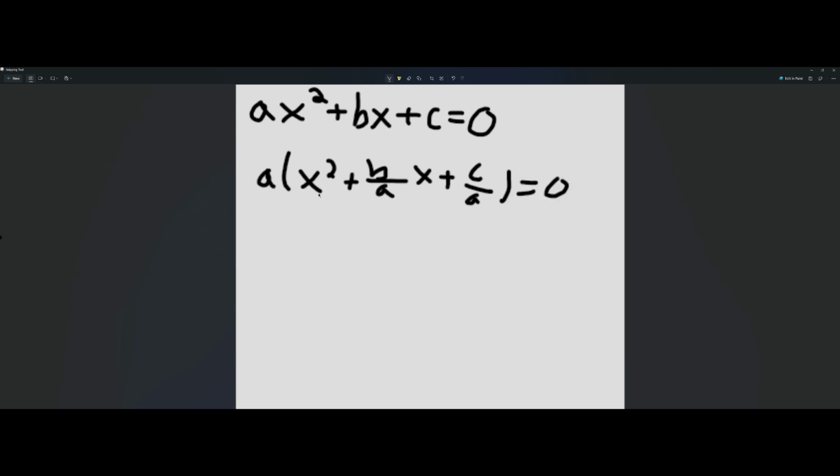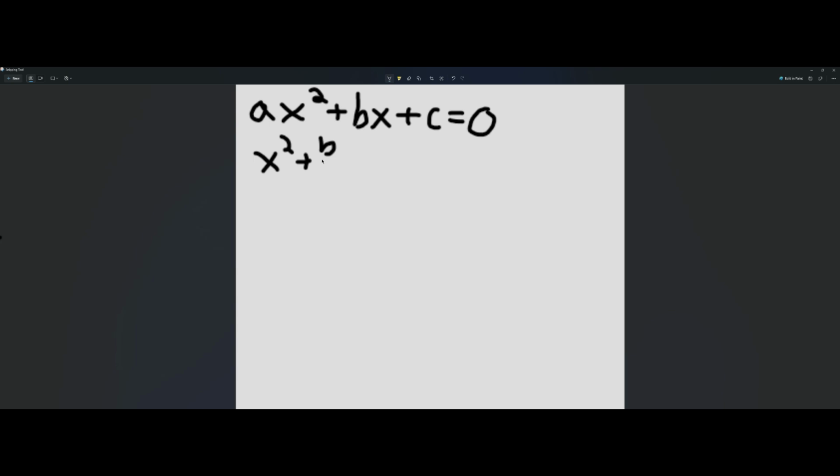And since this is equal to 0, we can just get rid of that a. And so now what we're left with is x squared plus b over a x plus c over a is equal to 0.